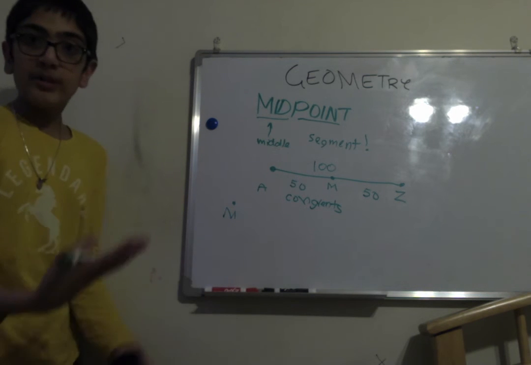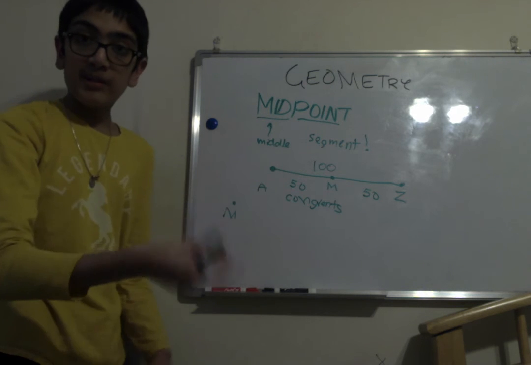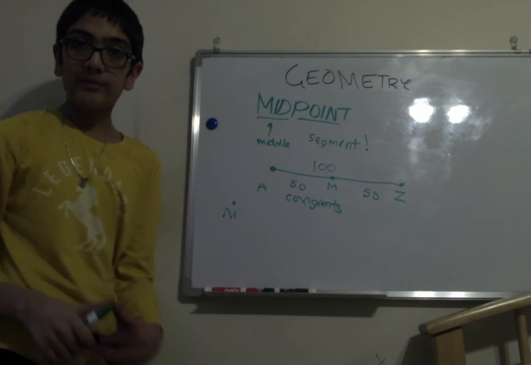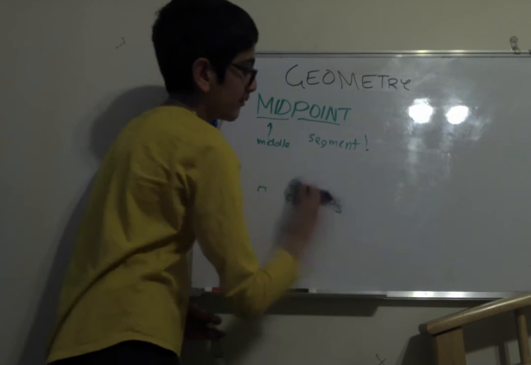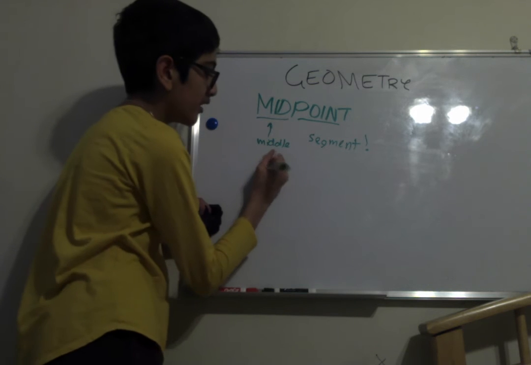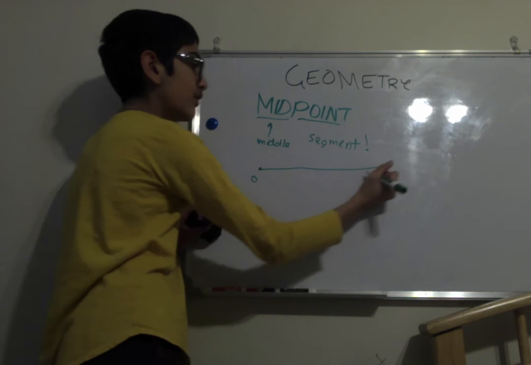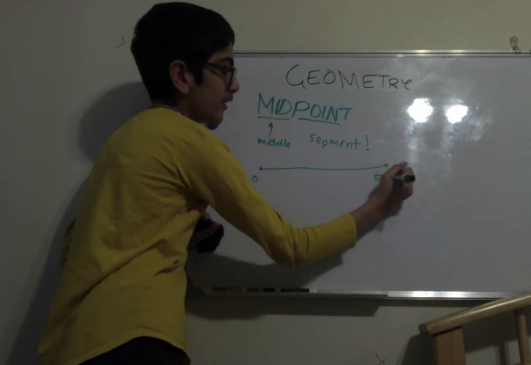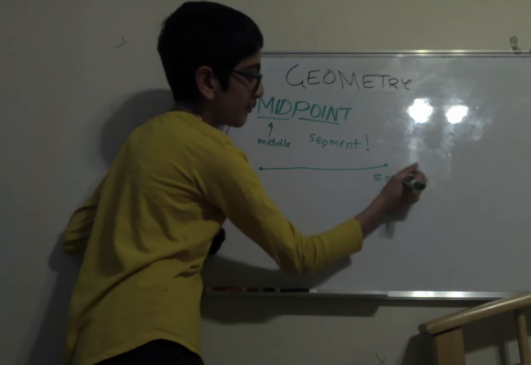So, what is a midpoint then? A midpoint is a point that divides a segment into 2 congruent pieces. So, let's use a different example. Let's say I have a number line starting from 0 to 552.